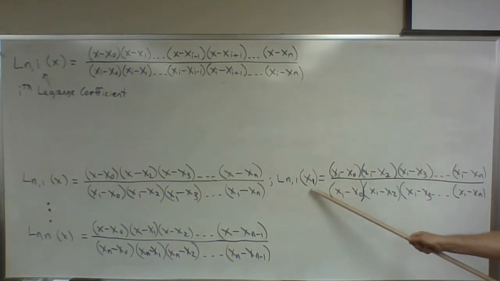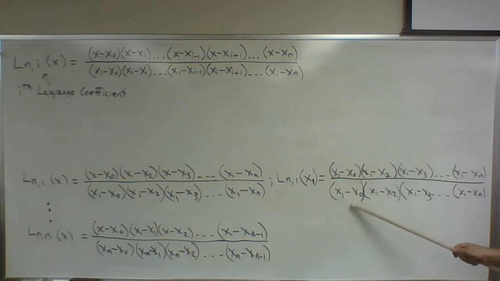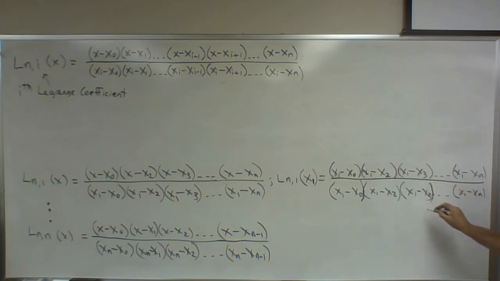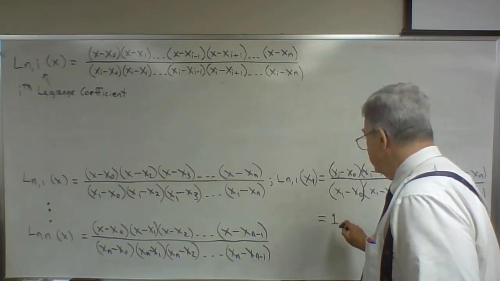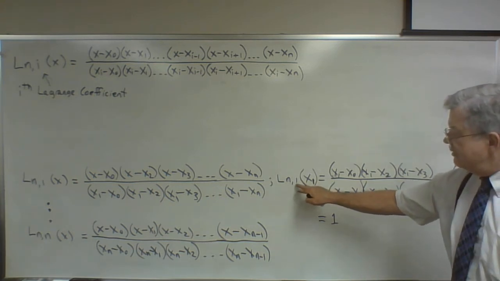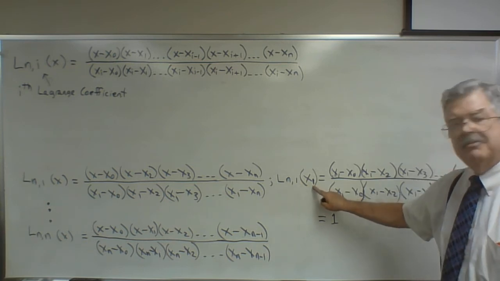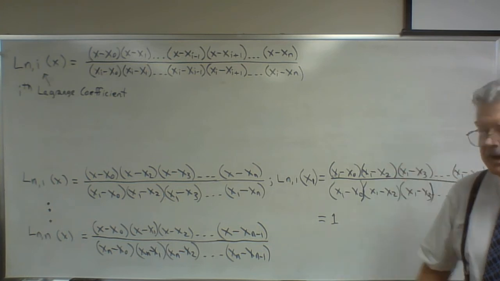I plug in x of 1 into the first Lagrange coefficient, and the factors up top are exactly the same as the factors at the bottom. So what's this thing going to be? It's going to be 1. When I plug x of 1 into the first Lagrange coefficient, in other words, when this subscript and this subscript match, I get 1.